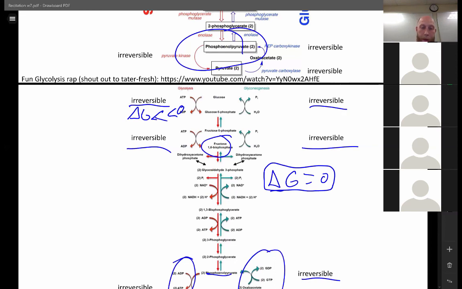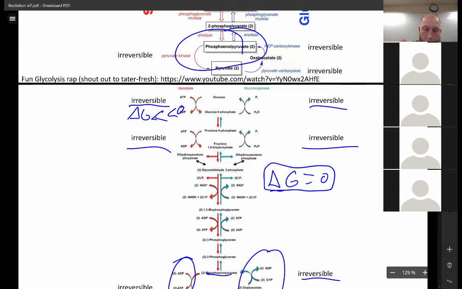A great example is glyceraldehyde 3-phosphate and dihydroxyacetone phosphate. I forget the enzyme, but I think it's isomerase or enolase.